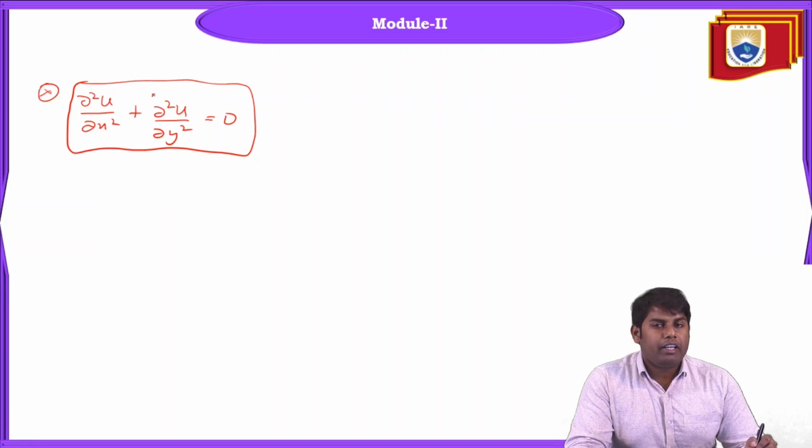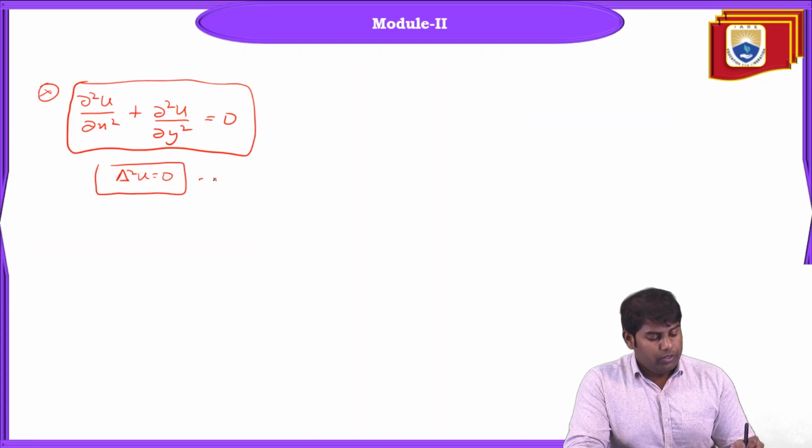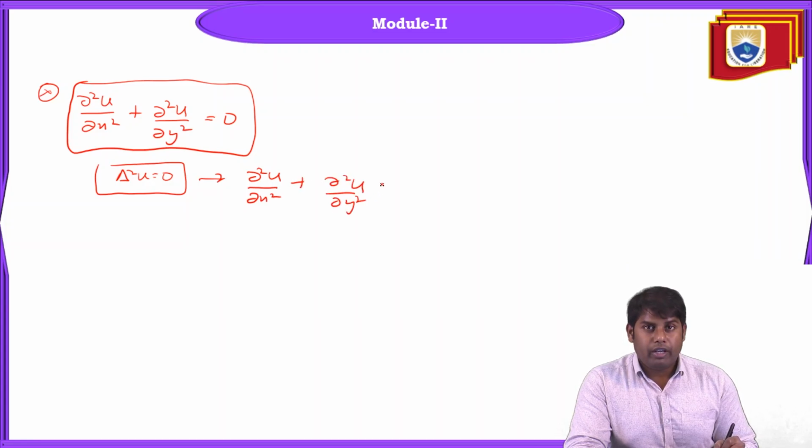The basic nature of elliptic is like the Laplace equation, where dou square u is equal to 0. Since it is 2D, I am writing this one. When you elaborate it, dou square u by dou x square plus dou square u by dou y square plus dou square u by dou z square is equal to 0.